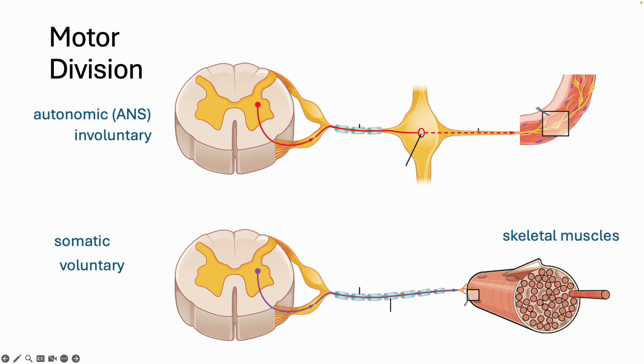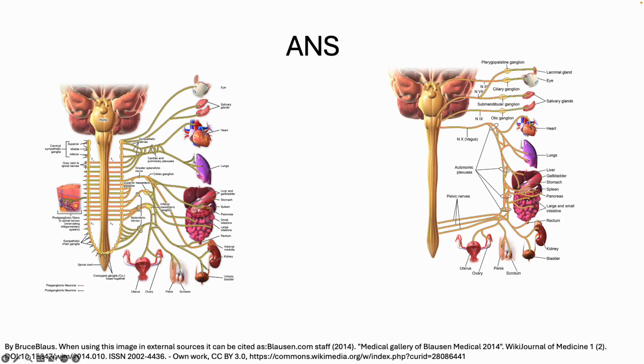This is going to be your involuntary component, where the smooth and cardiac muscle cells that are stimulated, as well as glands, are going to serve as the effectors here. The autonomic nervous system is going to be divided up into the sympathetic and the parasympathetic nervous systems.